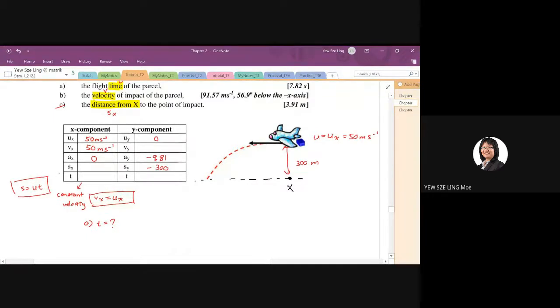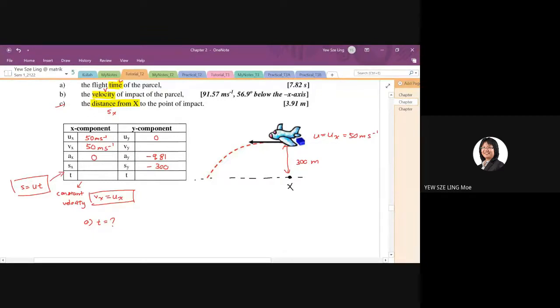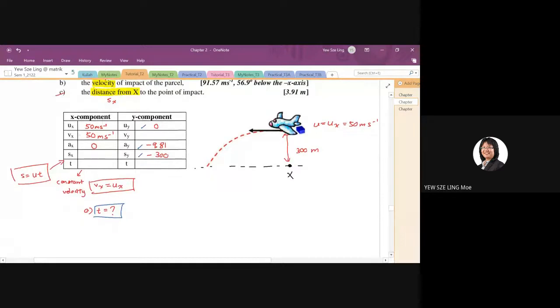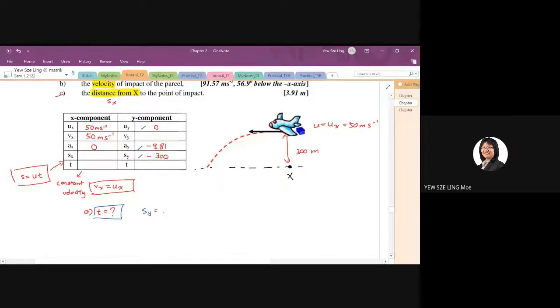Then how about the Y component? You have U, you have A, you have S. Yes, you do have enough known variables. So now you have 3 known variables and you want to calculate this unknown variable. Which equation are we going to use? UAST. So Sy equals UyT plus 1/2 AyT squared.